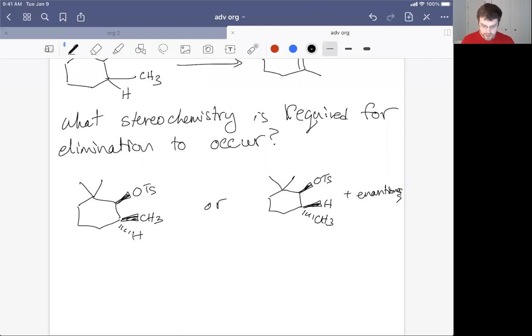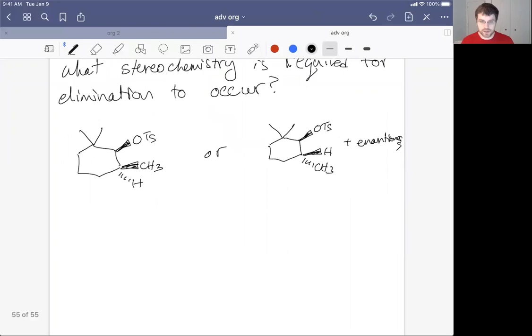So I want to consider which of these stereochemistries would allow for anti-periplanar arrangement. To do that, I need to look into the chair structure. So let's draw the chair structure for each.